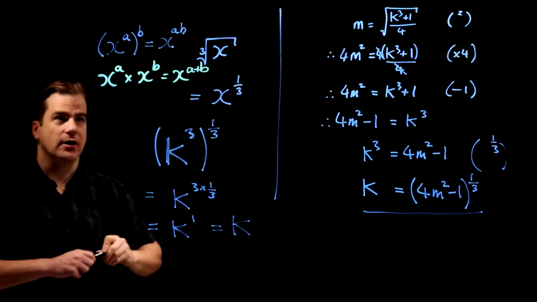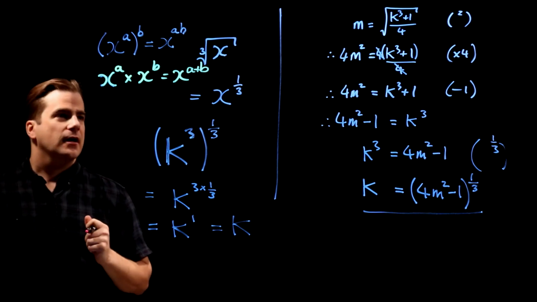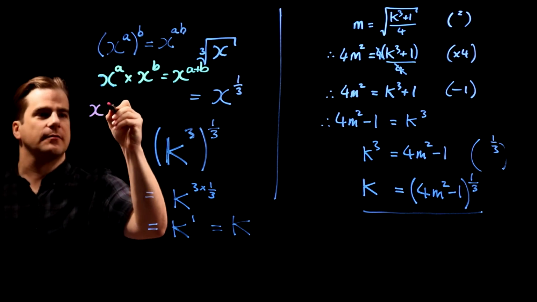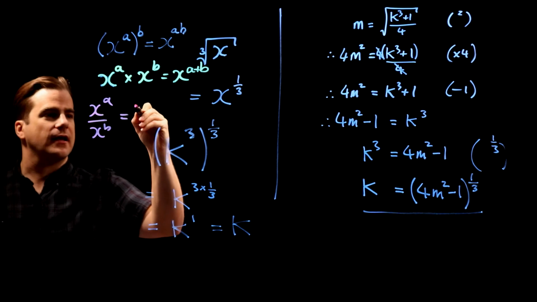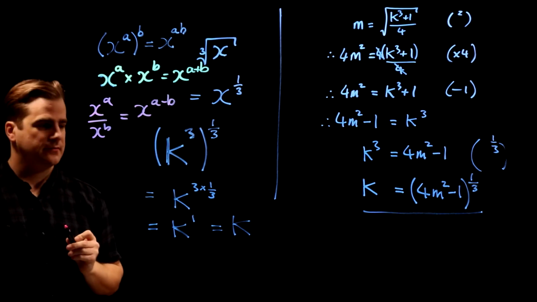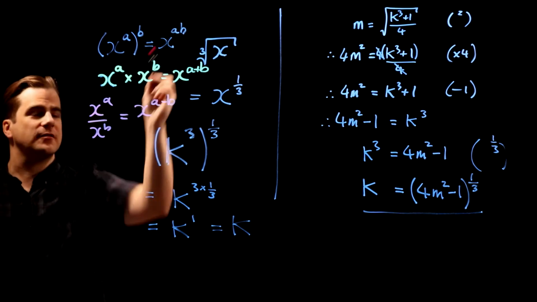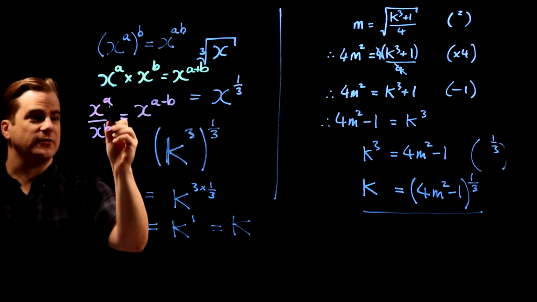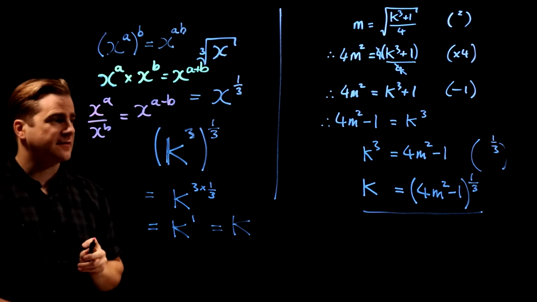And just seeing as we're on a colour theme, let's change colour again. x to the power of a divided by x to the power of b is x to the power of a minus b. Okay? So the bracket rule, when you've got brackets, you multiply the powers. When you're multiplying, you add the powers. When you're dividing, you subtract the powers. All right, that's plenty.